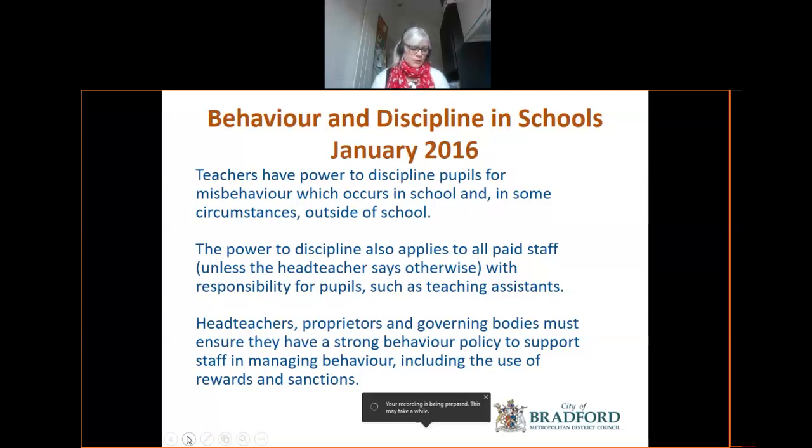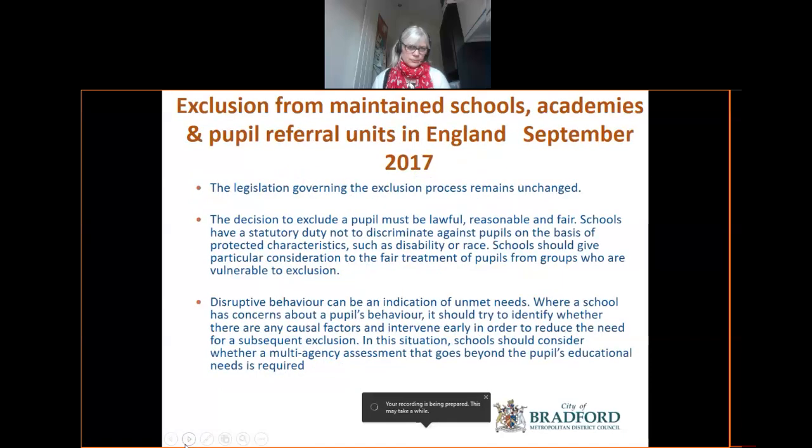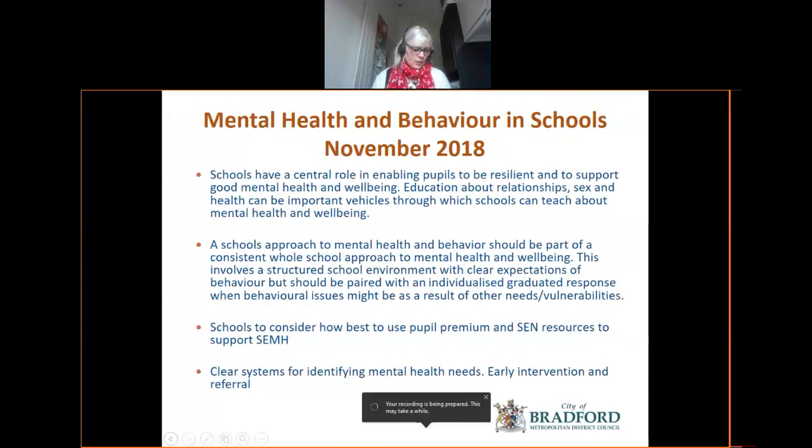Over recent years, there's been an increasing move towards considering pupils' behaviour within the context of their social and emotional well-being and seeing behaviour as a communication. This is now reflected in national documentation and guidance, including mental health and behaviour in schools, November 2018.